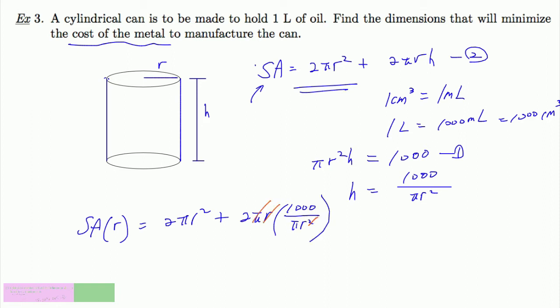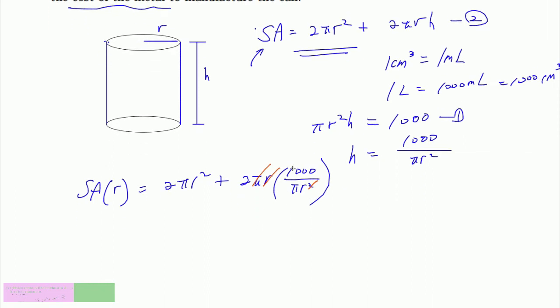I just reduced some pi r. So we have 2 pi r squared plus 2,000 over r. So that's a function of r.